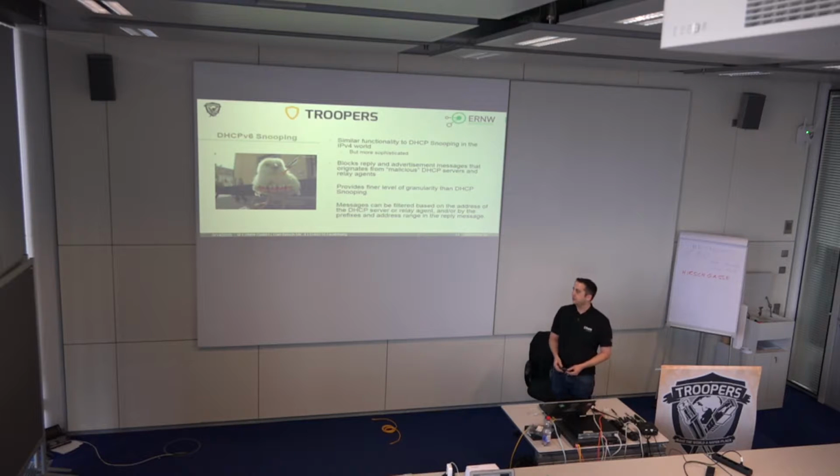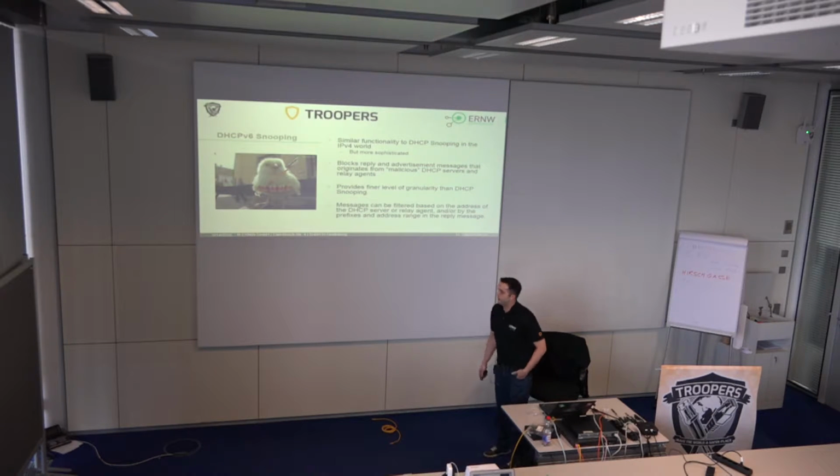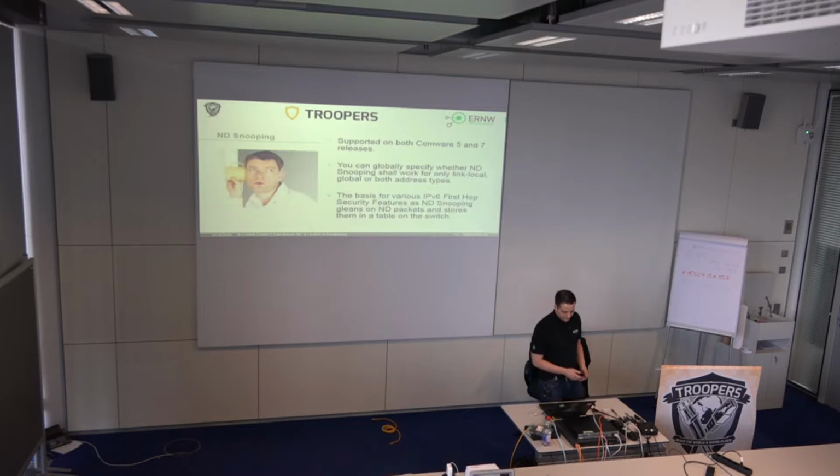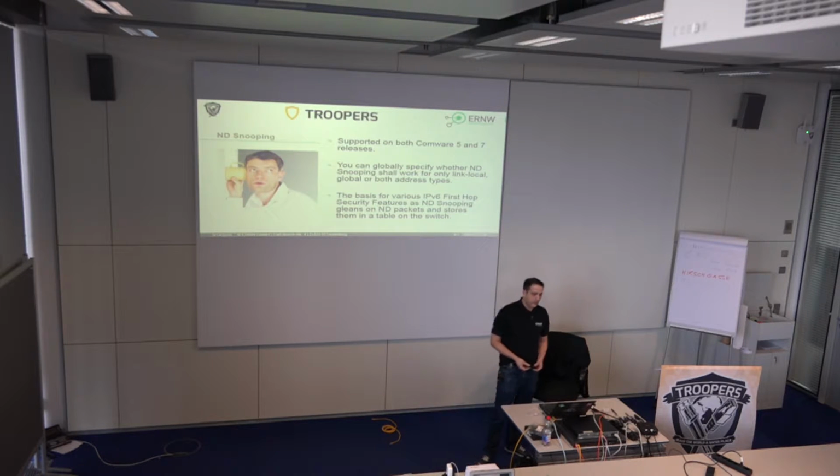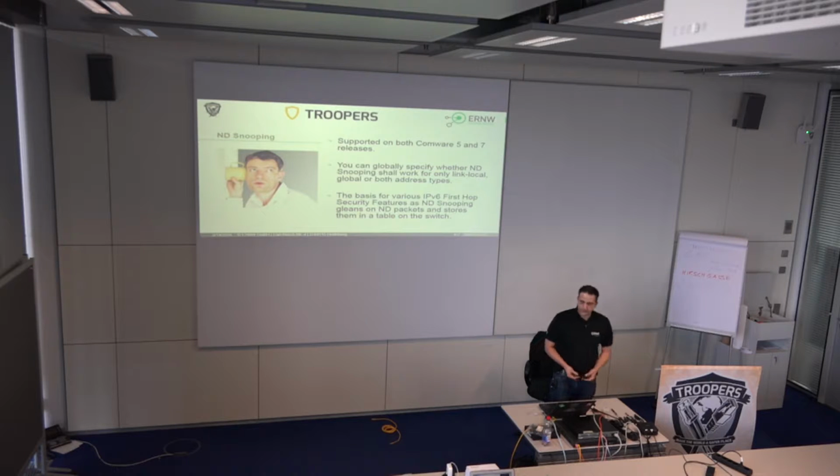But typically, from our point of view, that's not necessarily needed, because you just activate DHCPv6 snooping or guard on the respective port or VLAN. Then, of course, ND snooping, same behavior as in the Cisco world, is also supported on both CommWare 5 and CommWare 7 releases. It must be enabled and is the basis for various other IPv6 first-hop security features.